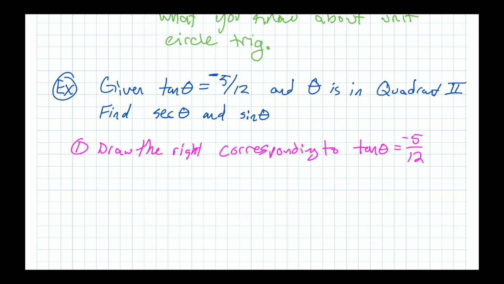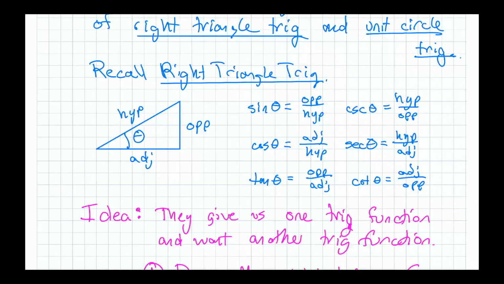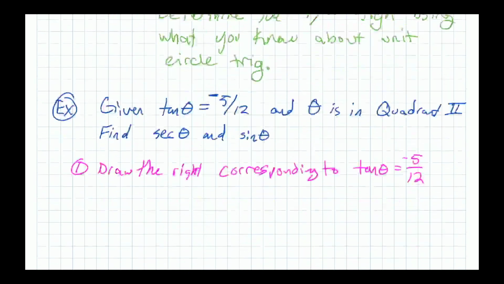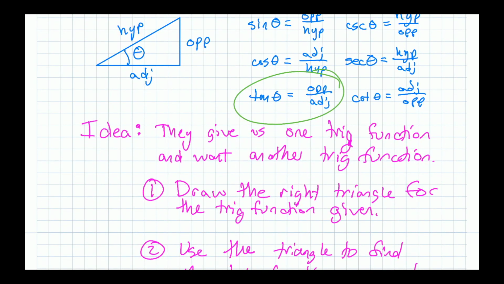That's fine. You could put it in the denominator as well, but just put it somewhere. All right, so draw the right triangle corresponding to negative 5 over 12. Well, how do you do that? So what you do is look at the definitions here for right triangle trig. They gave us the tangent, right? Yeah, they gave us the tangent. So the tangent is the opposite over the adjacent.